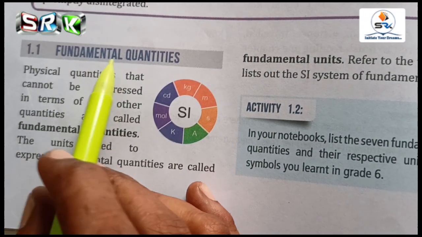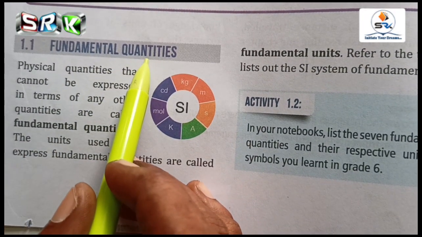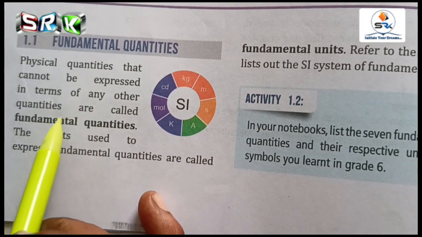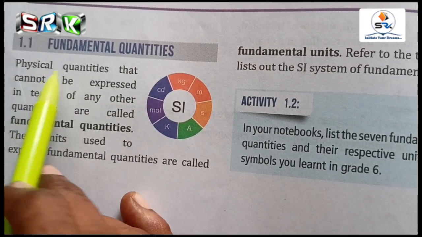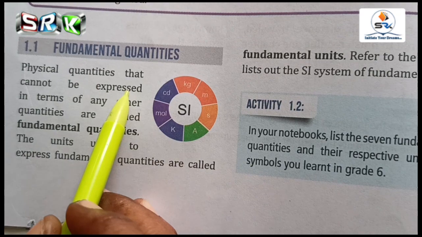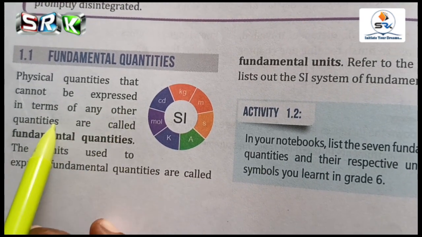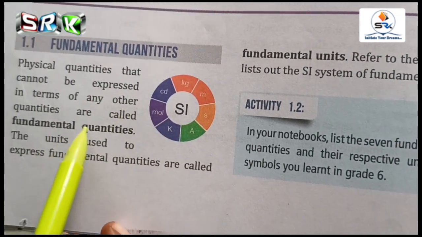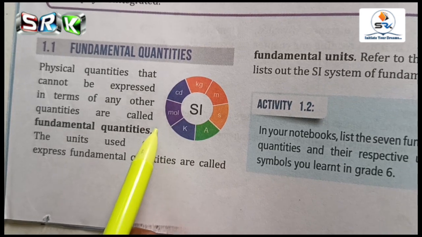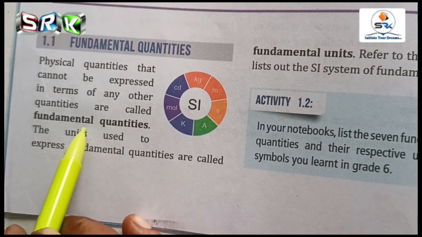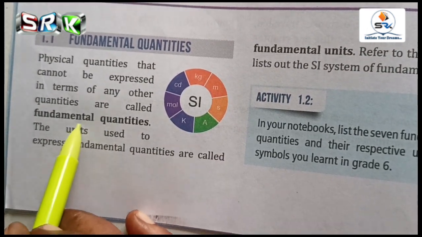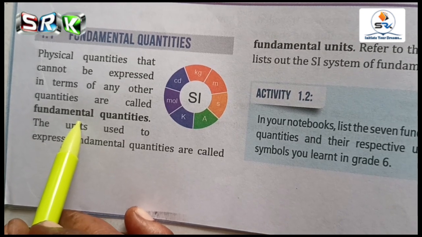And next you are going to see fundamental quantities. So what is the definition given here? Physical quantities that cannot be expressed in terms of any other quantities are called fundamental quantities. So for example length, mass and time. These are considered to be the fundamental quantities.